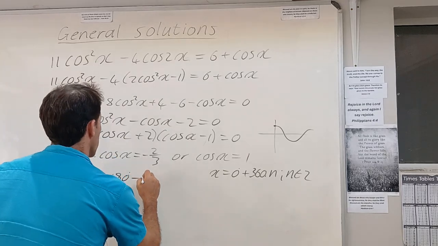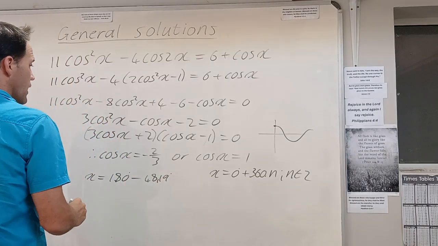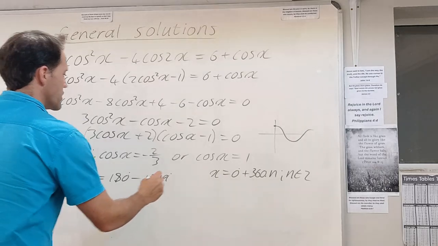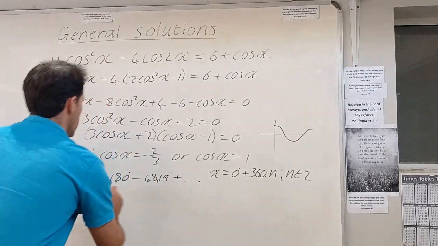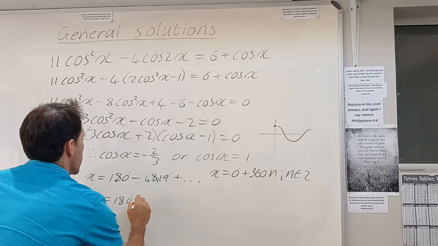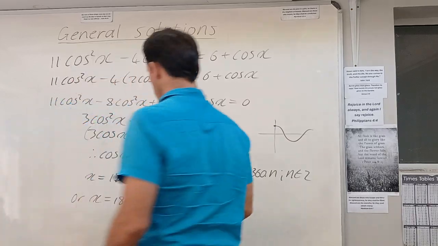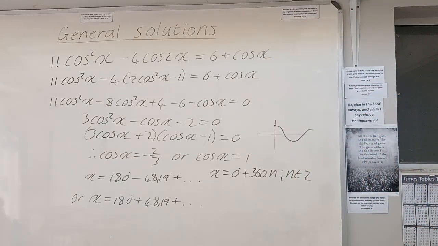Maybe 48,19. Okay, and then obviously plus 360 times n, and then the other one would be x equal to 180 plus 48,19 plus, and then you can just simplify that, the last part. Okay.